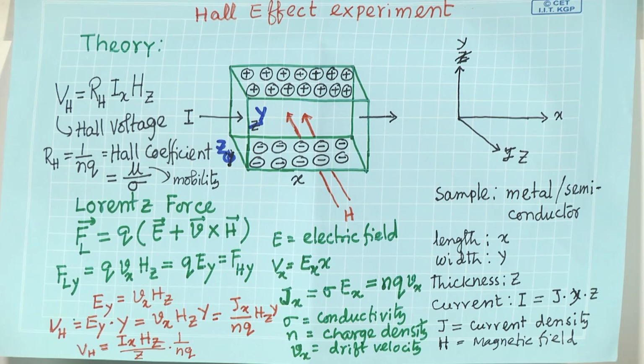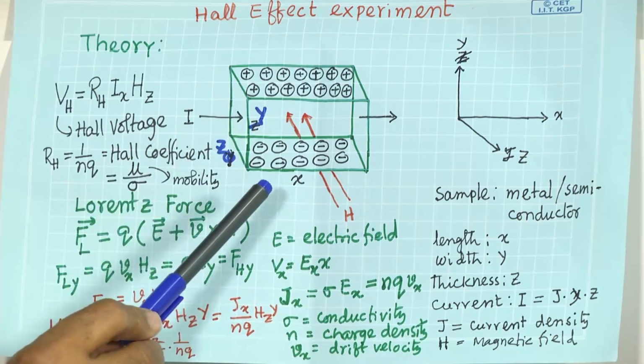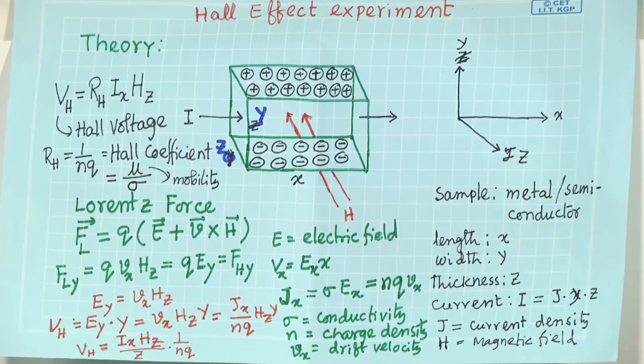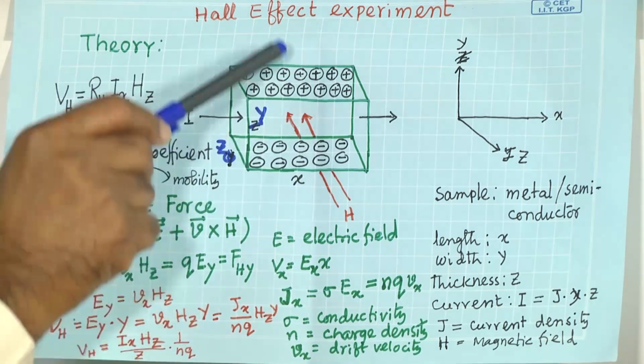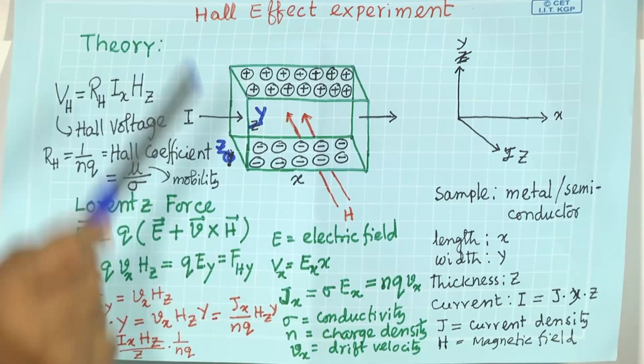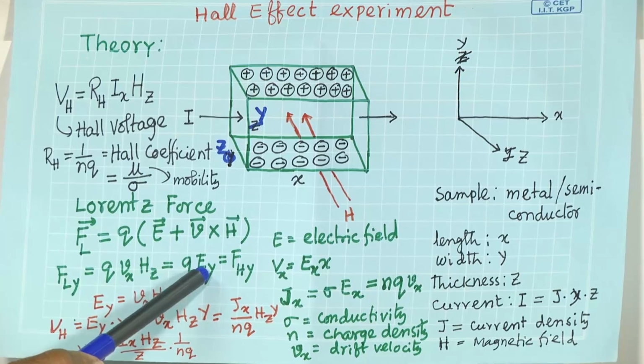When voltage develops, this charge will be affected by it. It will feel a force due to the voltage or the corresponding electric field. That force is basically QEy. So Ey is the electric field developed along the y direction. This is the Hall electric field.